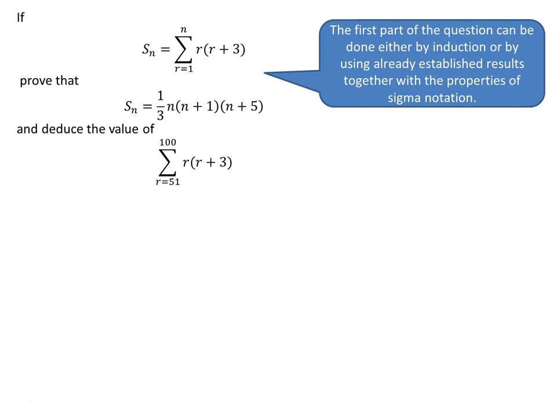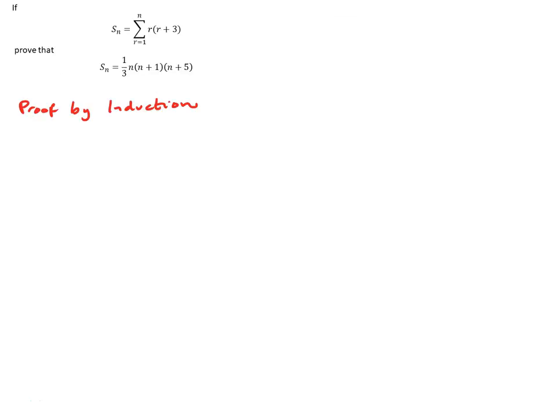So we'll start off by trying to produce a proof of the result by induction. If we're going to do it by induction, it's well worth moving away from the sigma notation and thinking of the result in its expanded form.